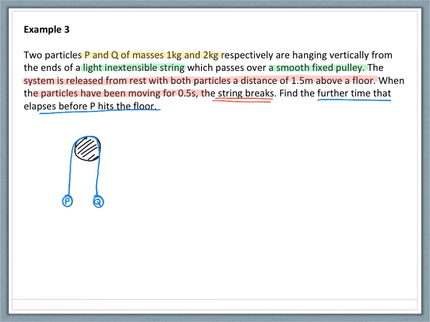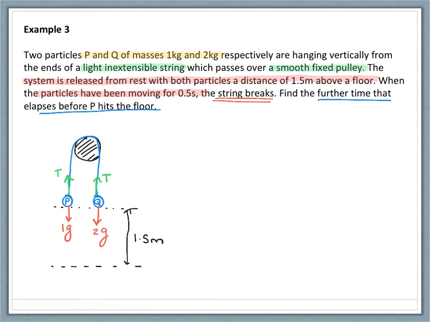So they've got masses of 1 kilogram and 2 kilograms, so weights of 1g and 2g respectively. There'll be a tension force like this, which is vertical in both cases in the string. And we know that the particles are on a level which is 1.5 metres above the ground. And the particles are moving for 0.5 seconds when the string breaks.